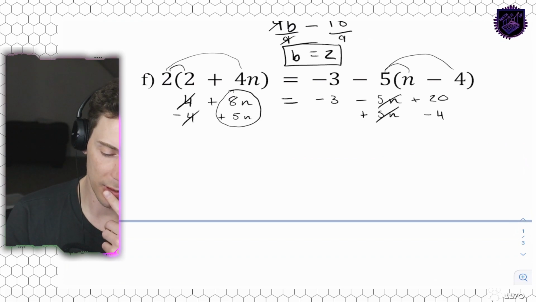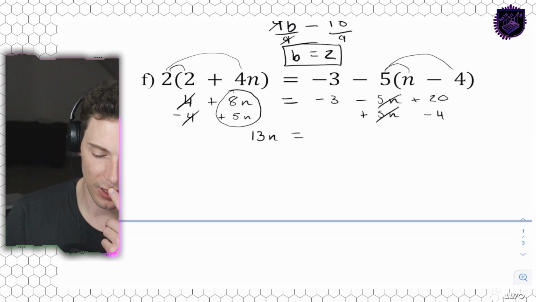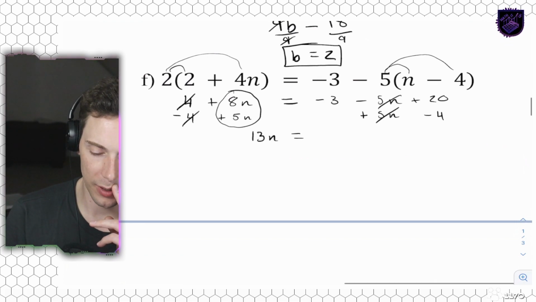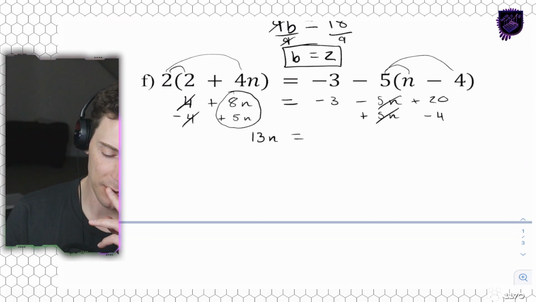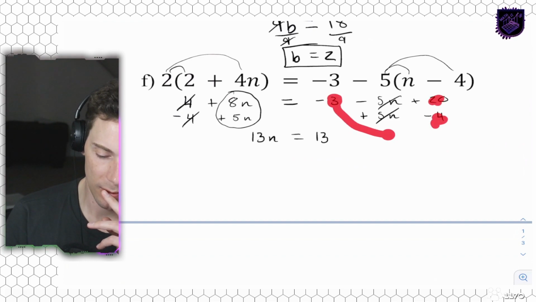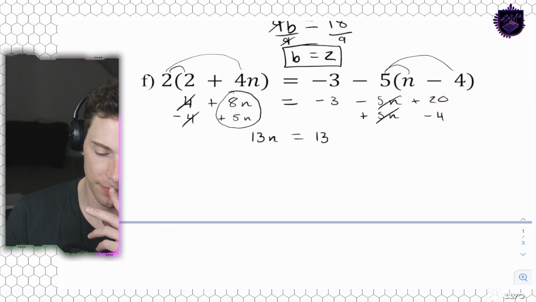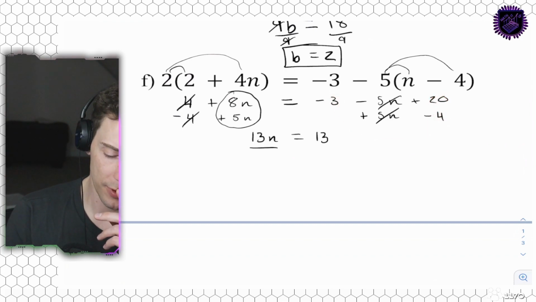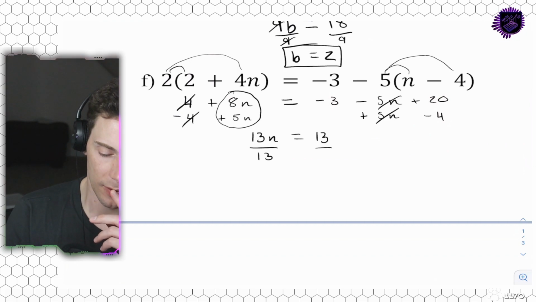This cancels, leaving us on this side with 13n is equal to negative 3 plus negative 4 plus 20. When I combine these together, I get 13. And now I can divide both sides by 13. That cancels, and n is equal to 1.